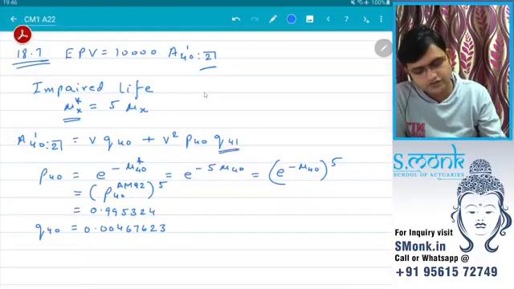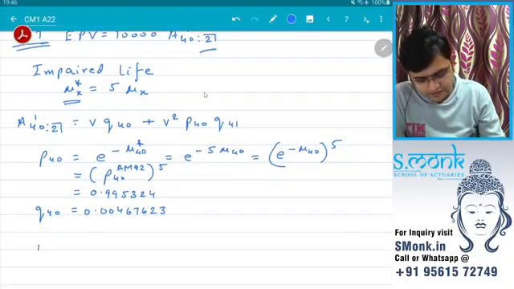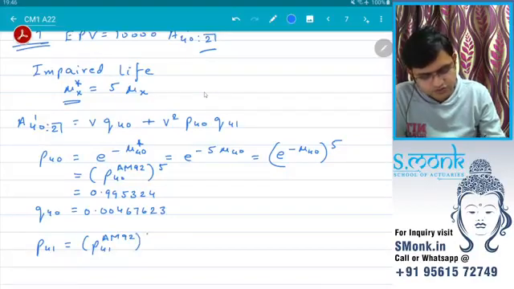Now we'll require Q41. For that, again we'll say P41 must be same as P41 for AM92 raised to 5.